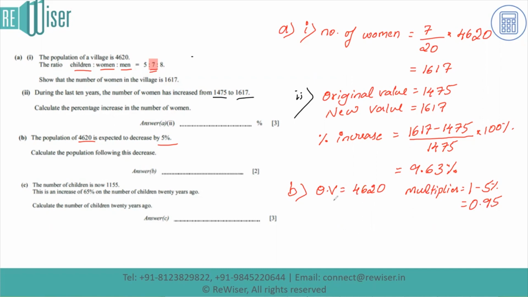And here, the new value is something that we need to find. We need to know the relationship, that original value multiplied by the multiplier will always give us the new value. Here the original value is 4620 and the multiplier is 0.95, and this will give us the new value.